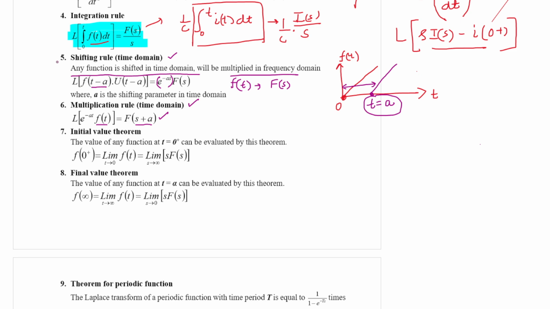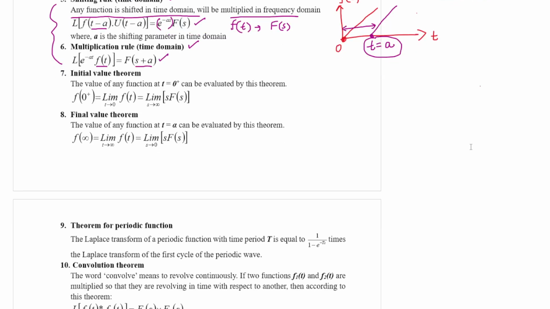So in properties 5 and 6 we can see two different things. If we observe shifting in the time domain, that means multiplication in the frequency domain. And rule number 6 is that if we observe multiplication in the time domain, then its Laplace transform is the shifting in the frequency domain. So it's a two-way property of the Laplace transform.